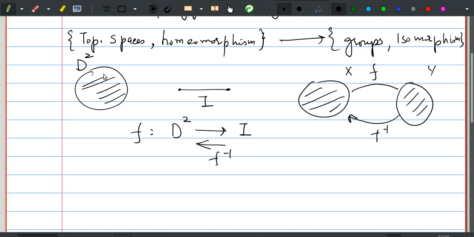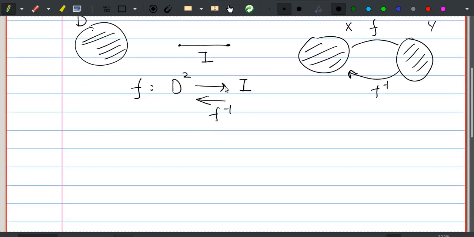However, these two objects, they are homotopic. Now we'll move to define the homotopy.